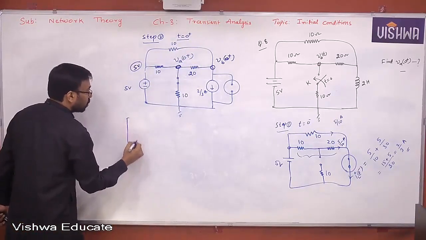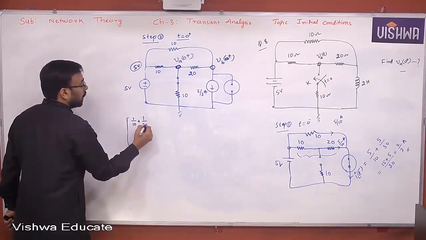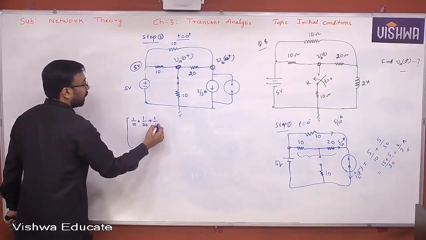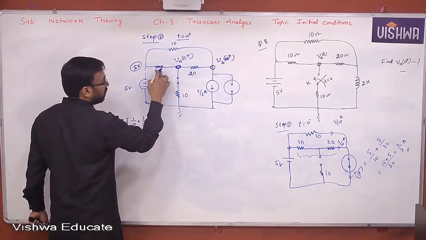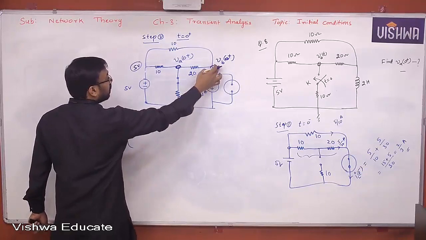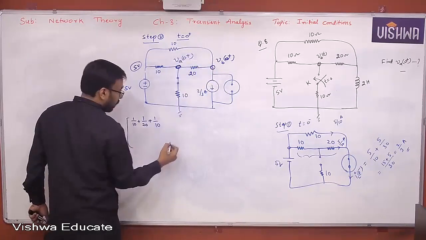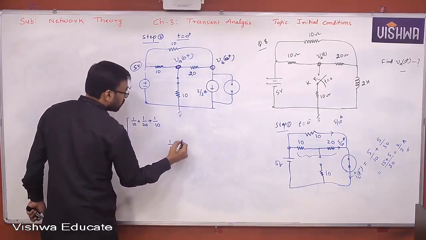Let me use inspection: 1 by 10 plus 1 by 20 plus 1 by 10. Yes or no? Inspection means 1 by 10, 1 by 20, 1 by 10. What is this particular one? The elements related to B: 1 by 10 and 1 by 20.